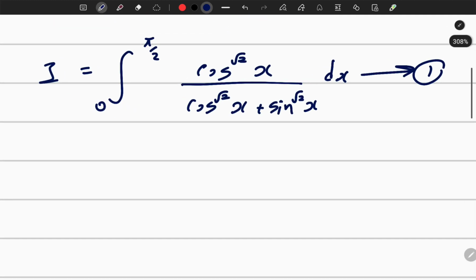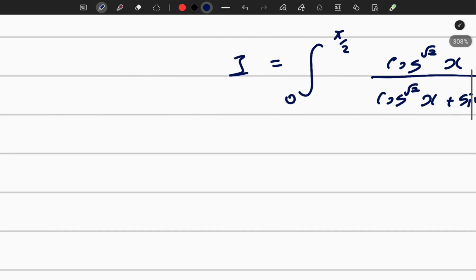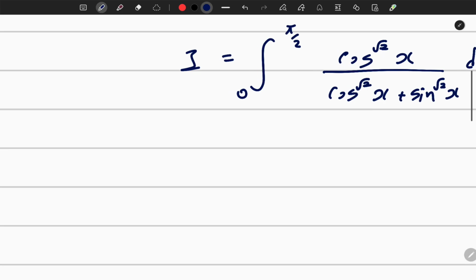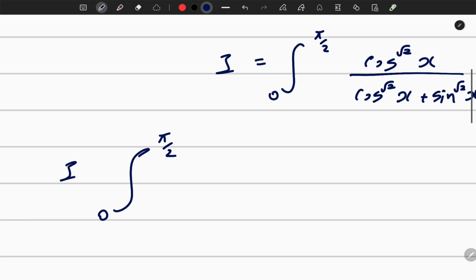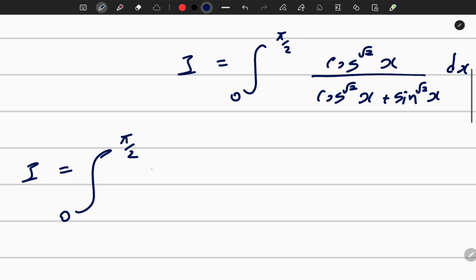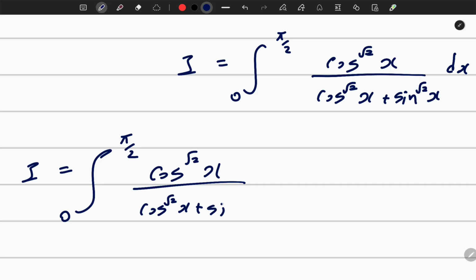Similarly, I'm going to take the integral from 0 to 90. This is I, cos root 2x over cos root 2x plus sine root 2x.